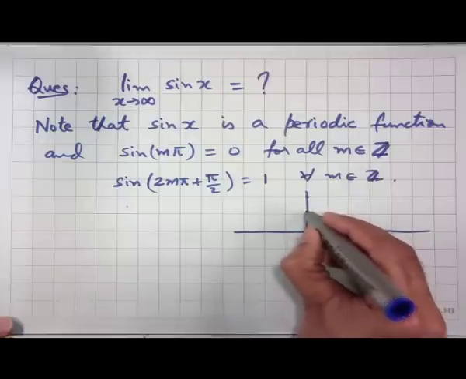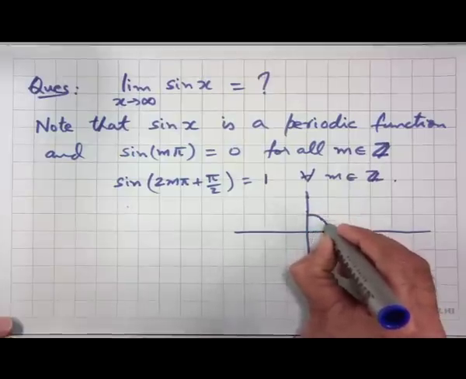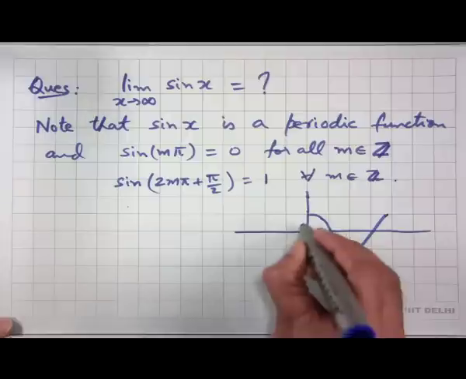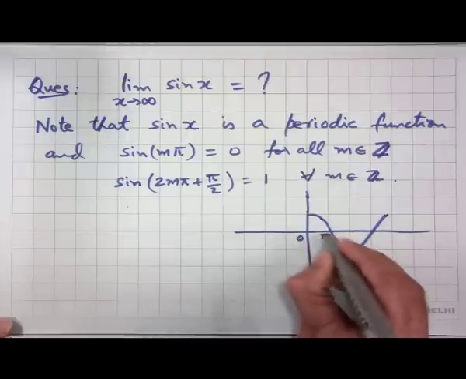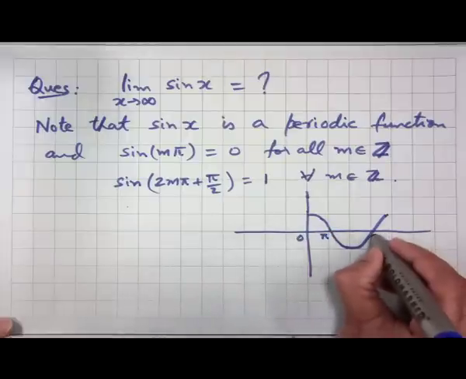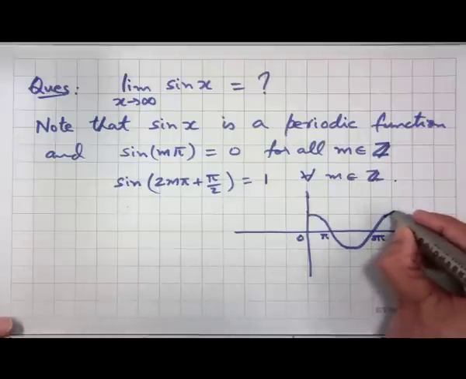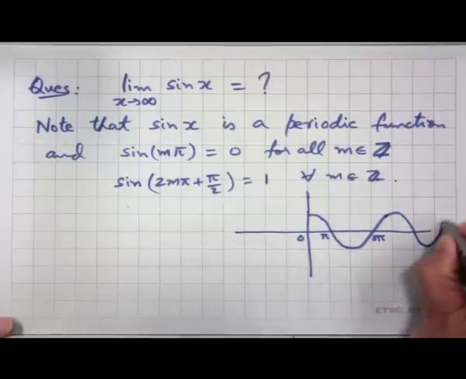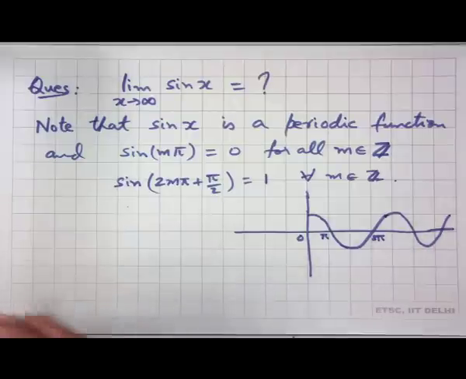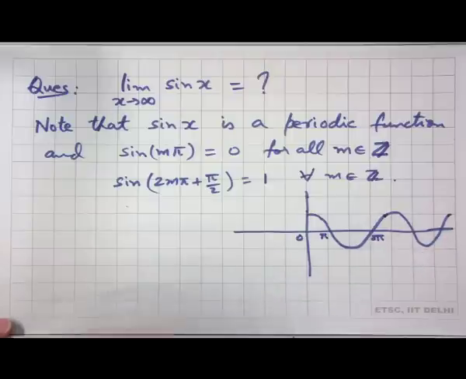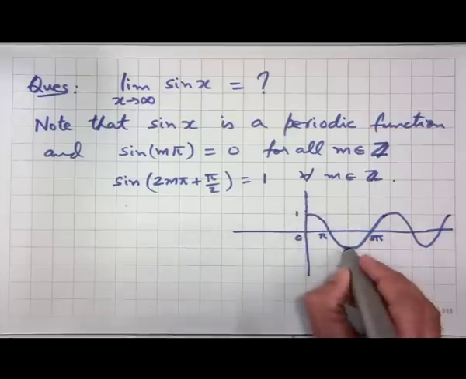But what we see is that this function, you have x equal to 0, pi, and then 2 pi, and then this keeps repeating, right. So, no matter how large x you take, sin of x keeps oscillating between negative 1 and 1. This is 1, this is minus 1.